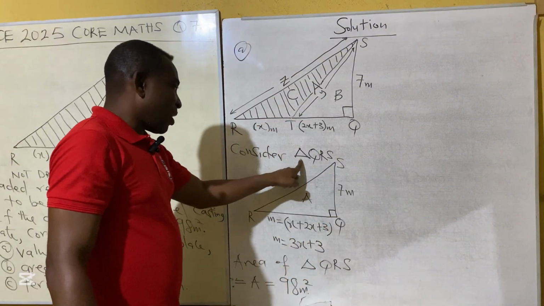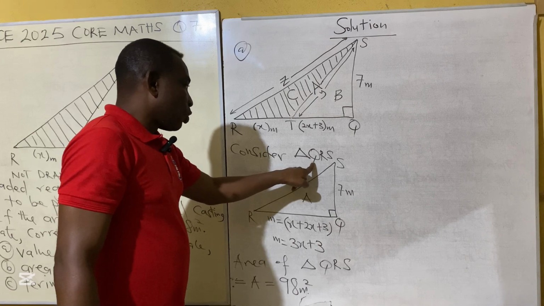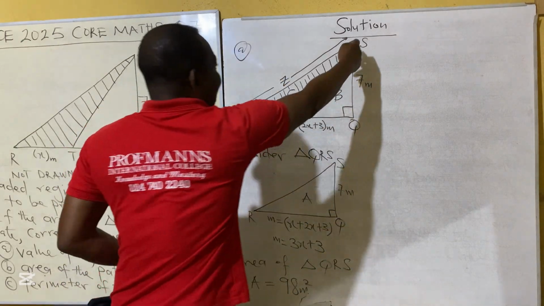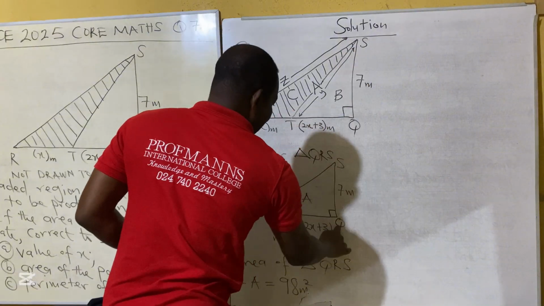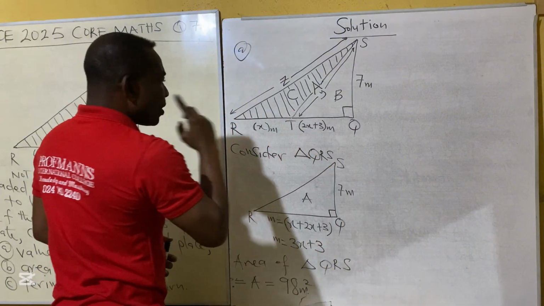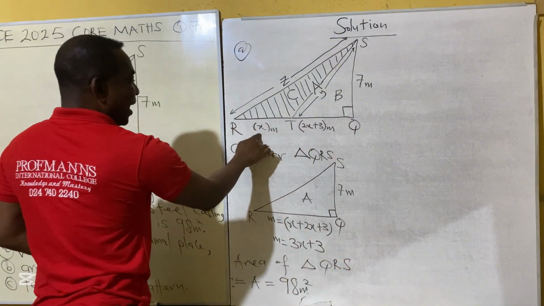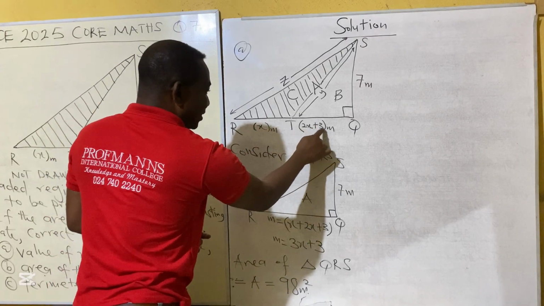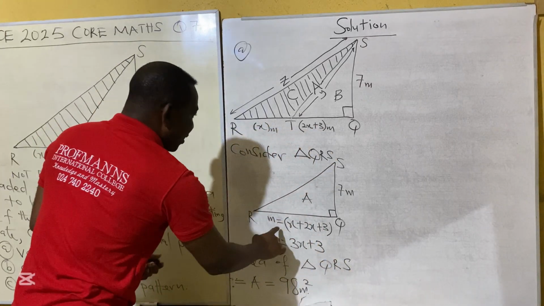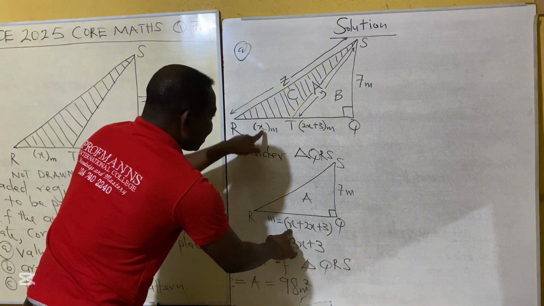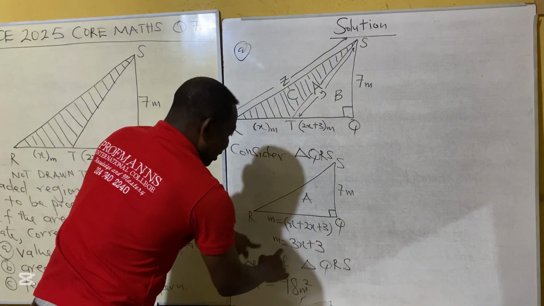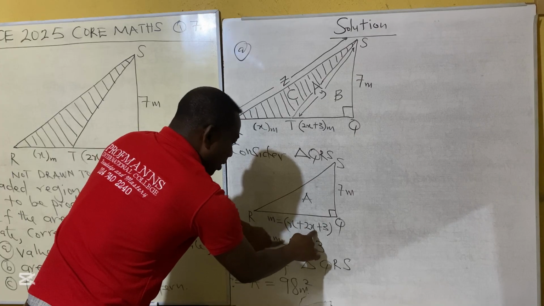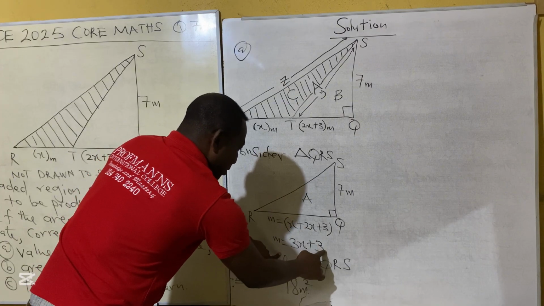So consider triangle QRS. We have the height to be 7 meters, and the base to be x plus 2x plus 3. So here, the base is x plus 2x plus 3. So the base is equal to x plus 2x, that is 3x plus 3.